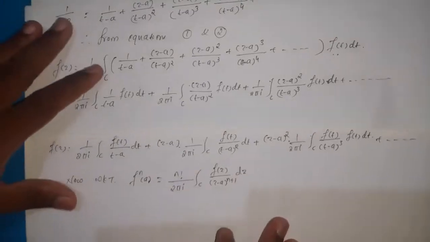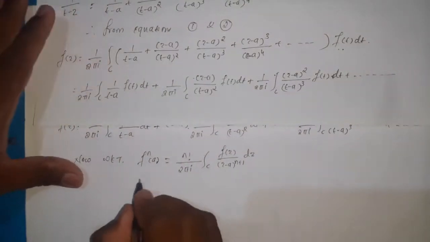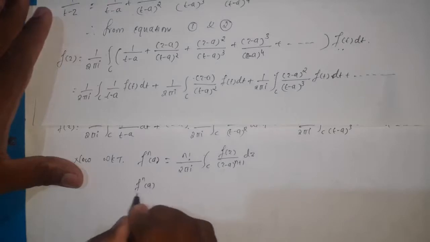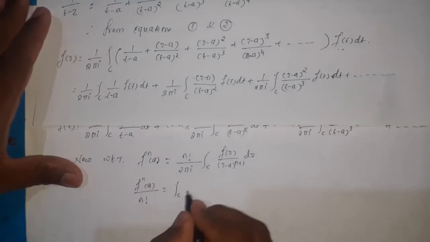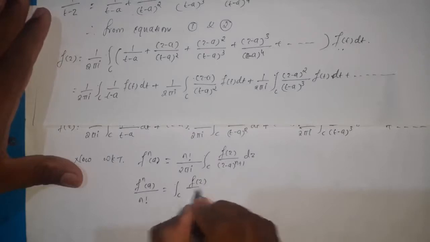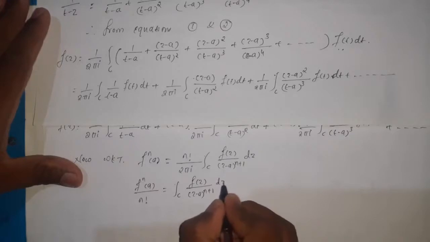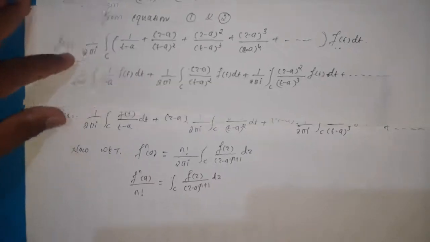This can be written as f power n of a divided by n factorial equal to 1 by 2 pi i integration over c f of z divided by z minus a whole power n plus 1 dz.